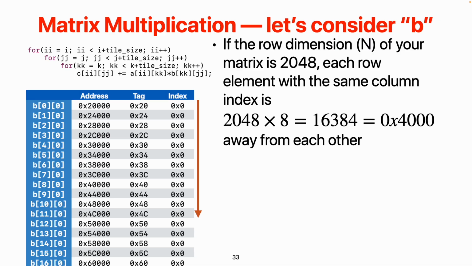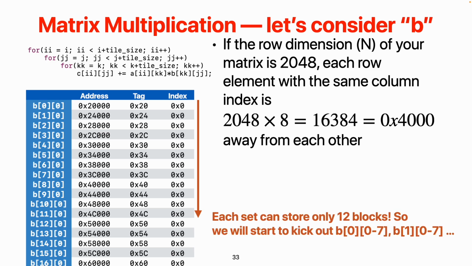So every time you access B, it's not likely the column of B is going to be kept in the cache, because it was here before, but when we do this, that is kicked out. Whenever I visit a new row, it's a new column, and it's going to be a miss anyway.